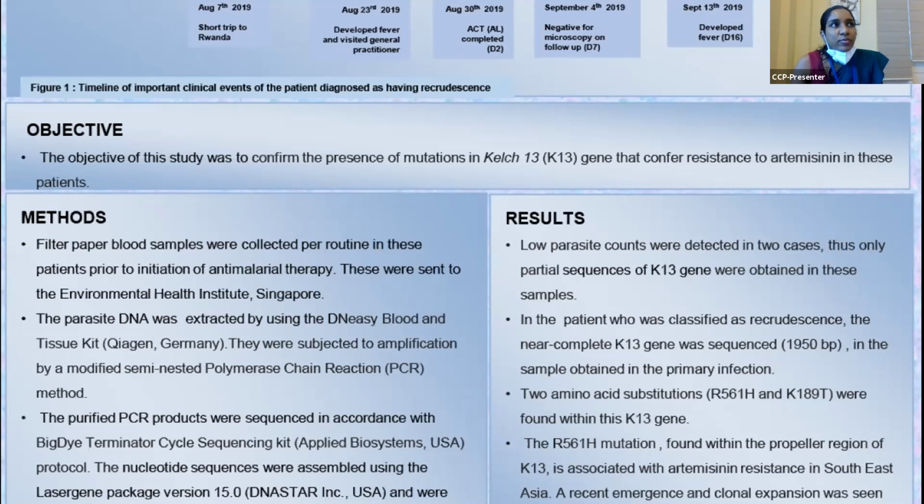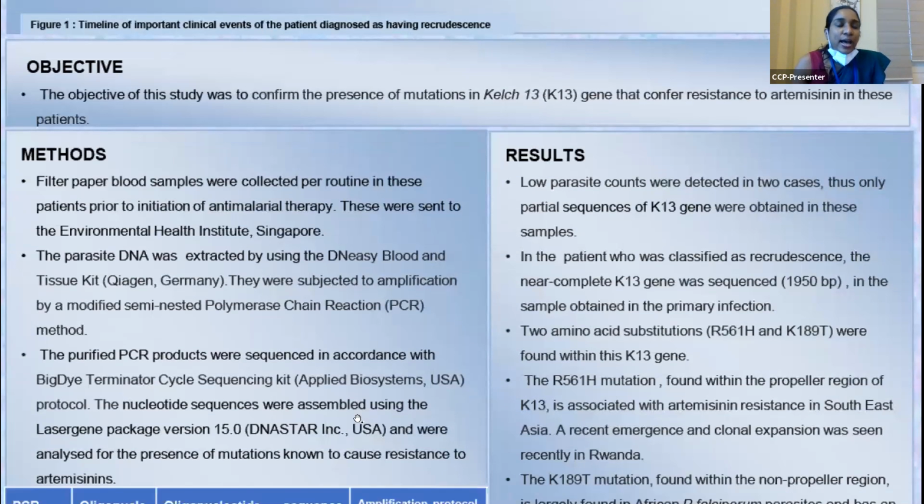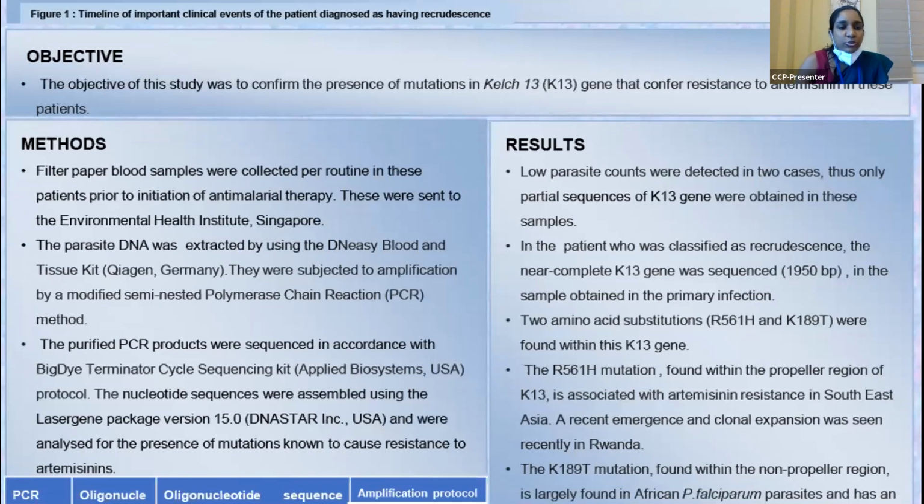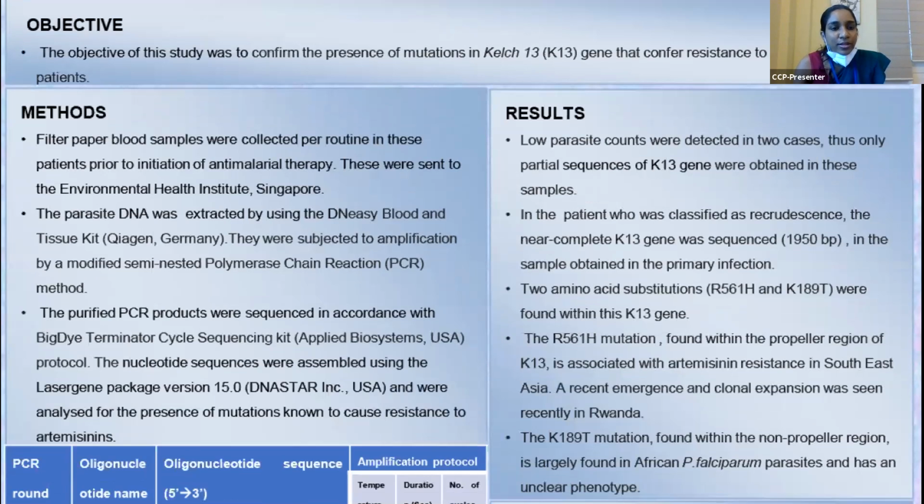The parasite DNA was extracted, and then amplification was done through a conventional nested polymerase chain reaction, and the purified products were sequenced and analyzed for the presence of the Kelch13 gene and its mutations.